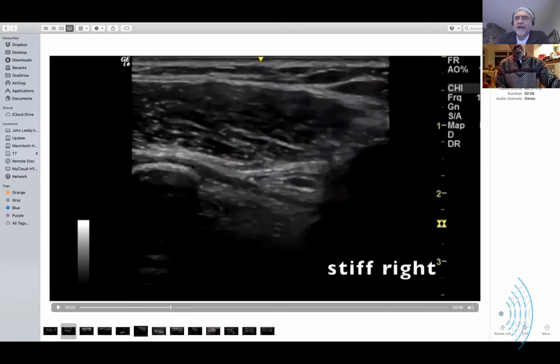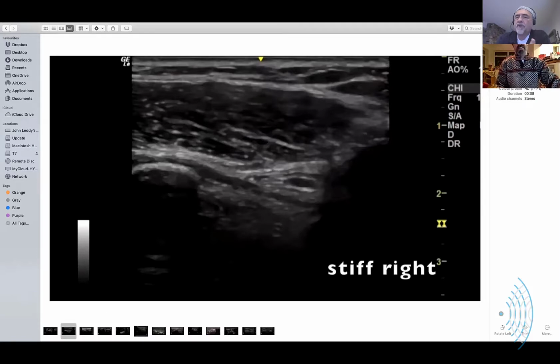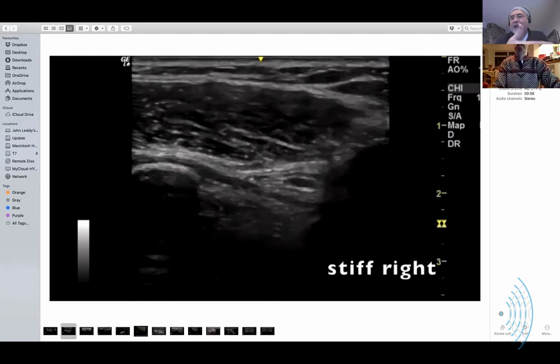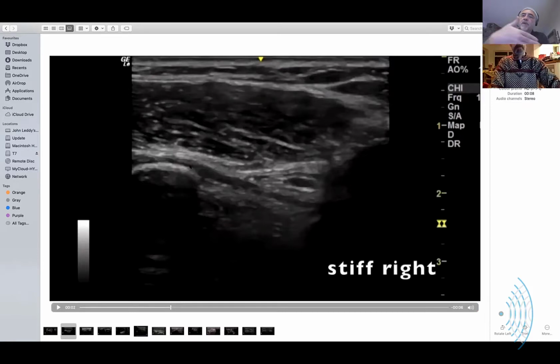So I've tried to use your words every time I scan this, and I look for the coracoacromial ligament. And then once I identify the coracoacromial ligament, I push myself posterior or more and more proximal on the neck of the coracoid, and I begin to diagonally lower the beam toward the head of the humerus, trying to look for this.